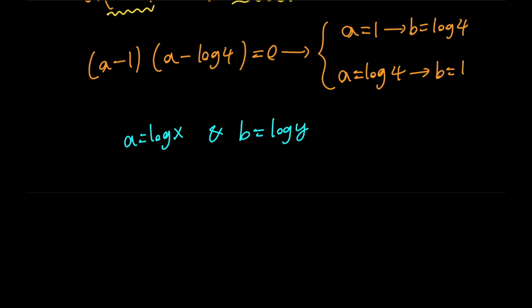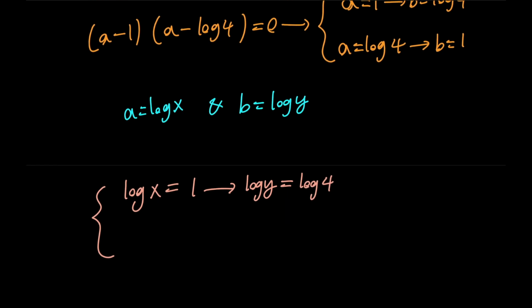So we have two scenarios. Log x equals 1, which means that log y should be log 4. And in the second case, we have log x equals log 4, which means that log y should be 1.